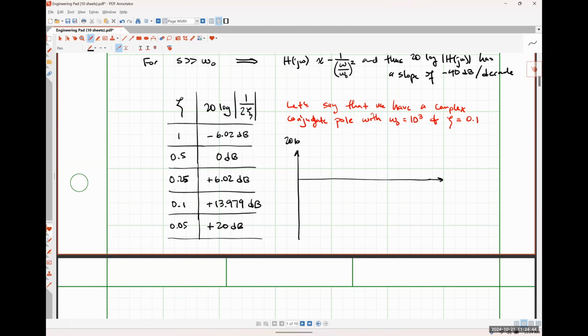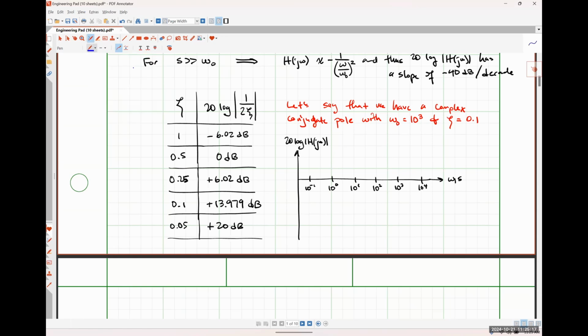So here's 20 log of H of j omega, or S, or whatever you want to call it. It's all the same thing to me. Here is omega or S. I'm going to put 10 to the 0 here, 10 to the -1, 10 to the 1, 10 to the 2, 10 to the 3, 10 to the 4, and so forth.